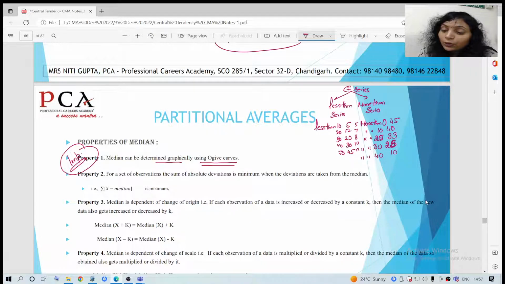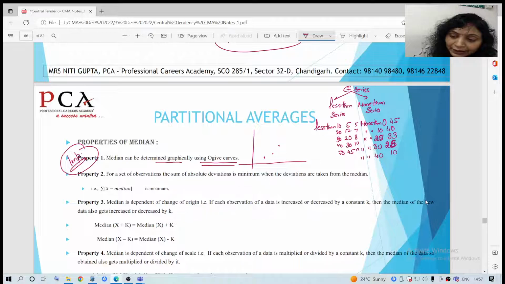Now we have to plot this less than series and more than series on a graph. The less than series is in ascending order, 5, 12, 20, 30, 45. So this is my less than ogive.